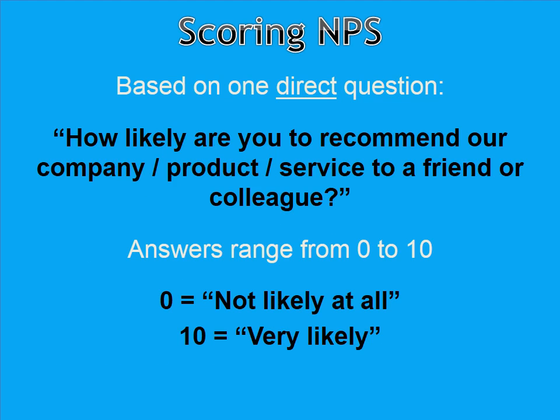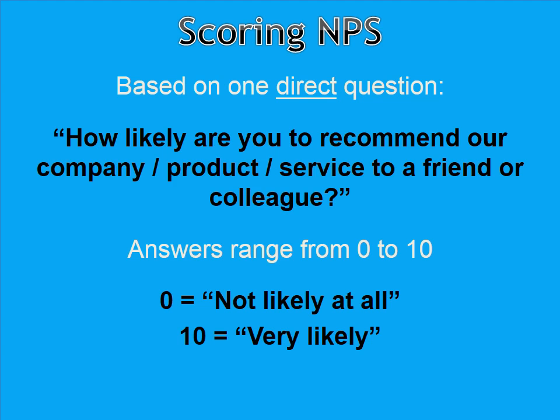Okay, carrying on. How do you score NPS? How do you determine your NPS? NPS is based on one simple, very direct question. Through lots of research, it was determined that this question is the best in determining the loyalty of the customer to your company. And this question is, basically, how likely are you to recommend our company, product, or service to a friend or colleague?